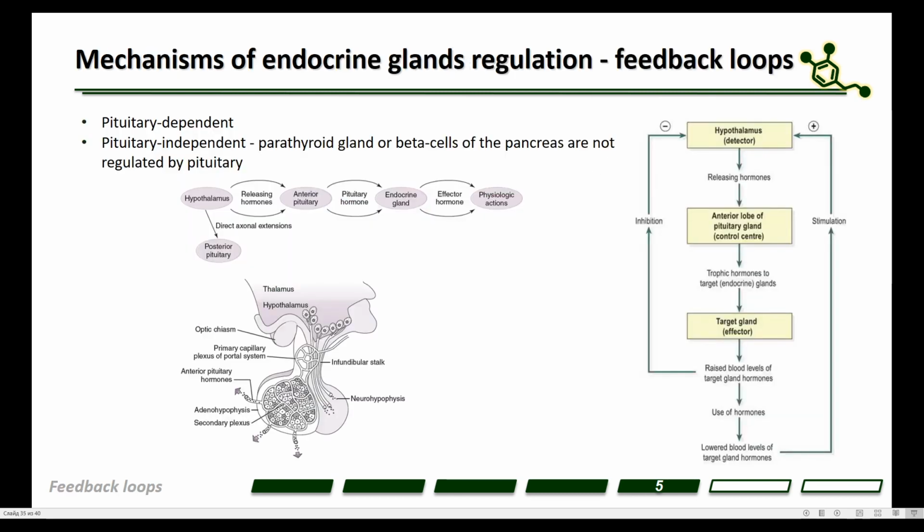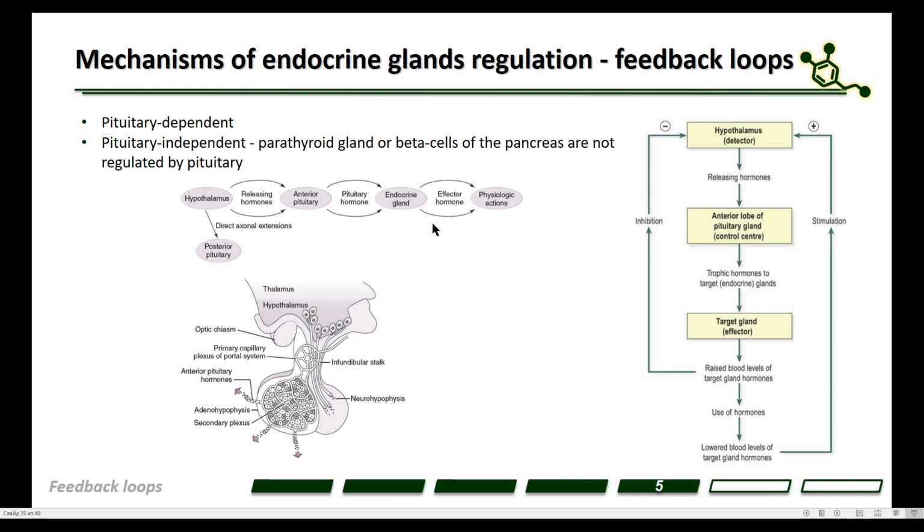Actually, all of the glands could be divided into two types, either pituitary dependent or pituitary independent. Pituitary dependent glands are on the hypothalamo-hypophyseal system. So what we have here, the hypothalamus will produce releasing hormones which will act on the anterior pituitary, which will produce pituitary or tropic hormones, which will act on peripheral endocrine glands, and they will produce the effector hormones, which will produce some physiological effects.